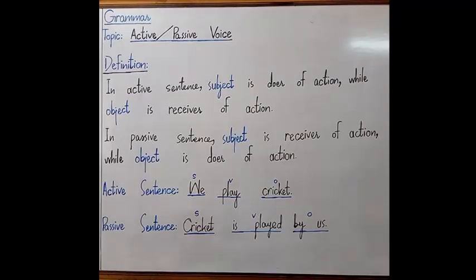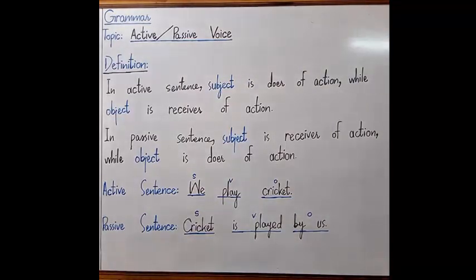So when we talk about an active sentence, the subject of that active sentence is the doer of an action, the action which is stated as the verb, while the object is the receiver of an action, which means in simple words we can say the object is the recipient and the subject is the doer.